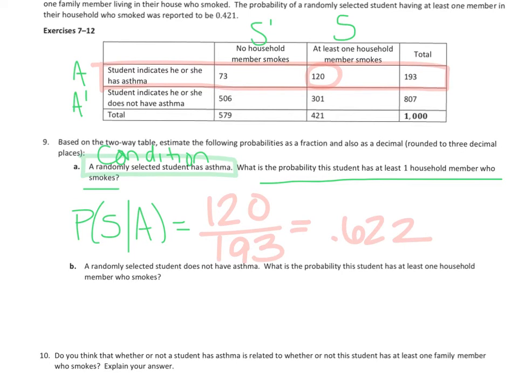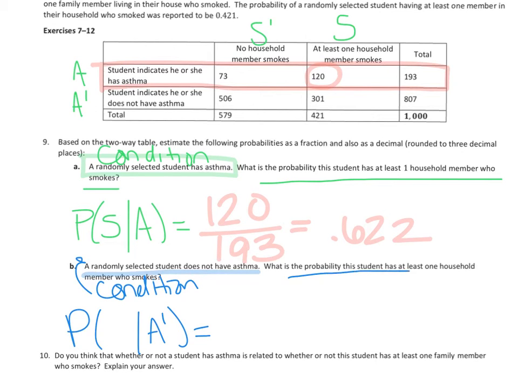Now the next one says a randomly selected student does not have asthma. Again, this is my condition, because that's what's going to happen first. So given not asthma, what's the probability that they have one household member who smokes? I only care about not having asthma, because that's my condition.